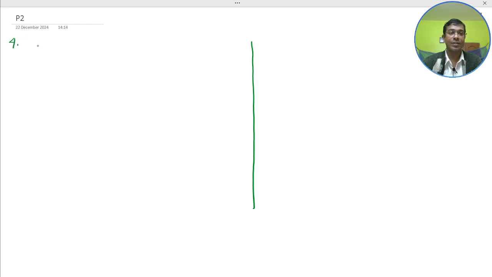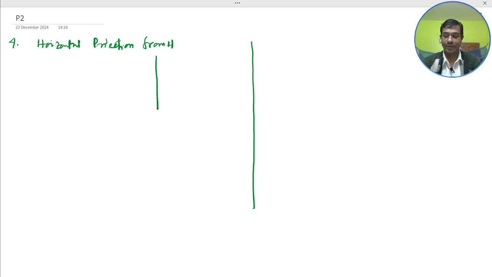This is the horizontal projection from h, this one, this is the v naught, and here this is the x component vx, and this is the y component vy, and this is the h.